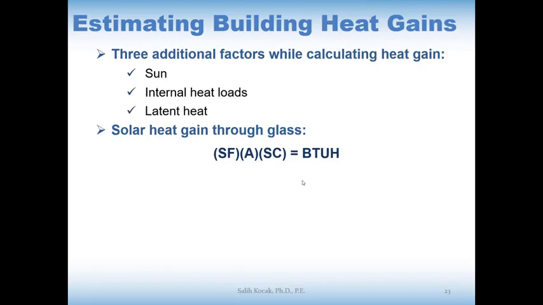Each of them has a different U value, and of course in return different SC and SF values. If you go to Home Depot or Lowe's and look at some windows, you will see there are stickers on them, and they rate all these SC and SF values.